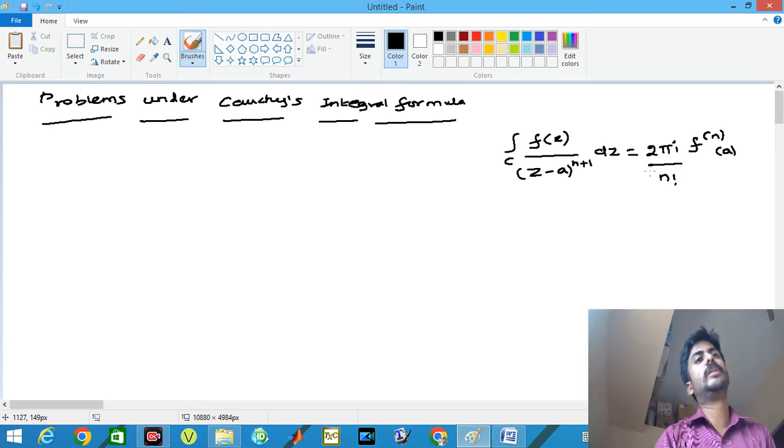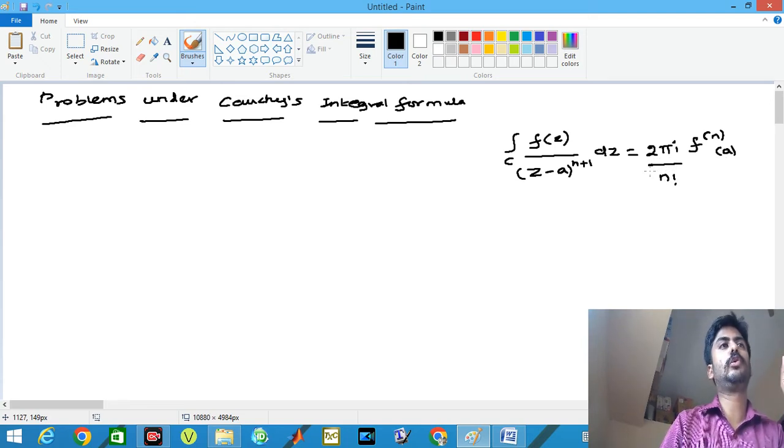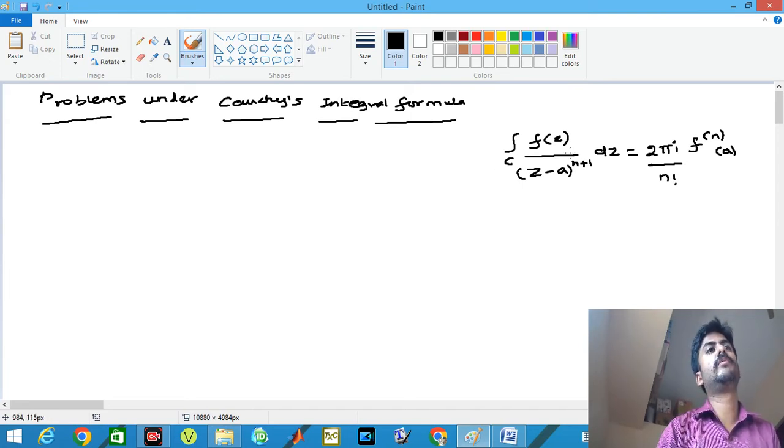This one formula alone is enough to solve the entire problems on the Cauchy Integral Formula, because if n equals 0 you will get the Cauchy Integral Formula for ordinary functions, that is for the zeroth derivative.